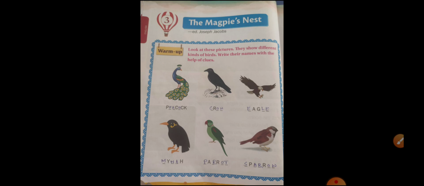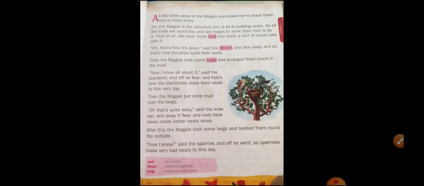Other birds did not know the accurate way of making the nest. So one day they planned to learn how to build a nest from the magpie. All the birds came to the magpie and asked her to teach them how to build a nest.